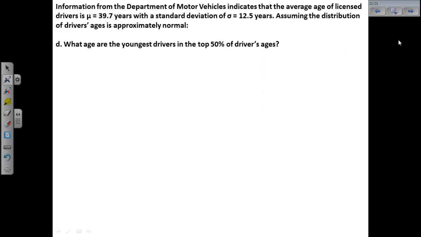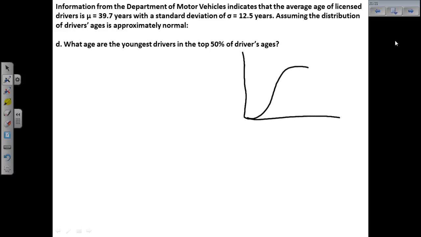And our final example. I give you lots of examples because I hope that it helps clarify how to do this in practice. Okay, so information from the Department of Motor Vehicles indicates the average age of licensed drivers is still 39.7, and our standard deviation is still 12.5. And now we want to look at what age are the youngest drivers in the top 50% of drivers' ages.